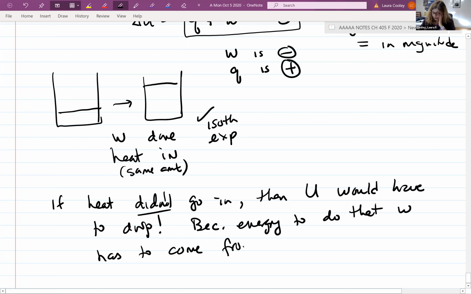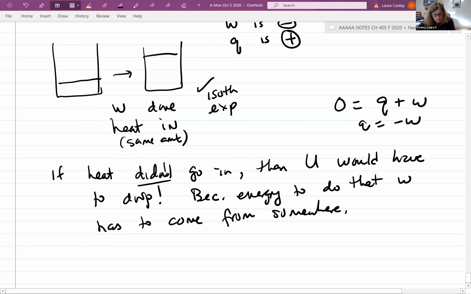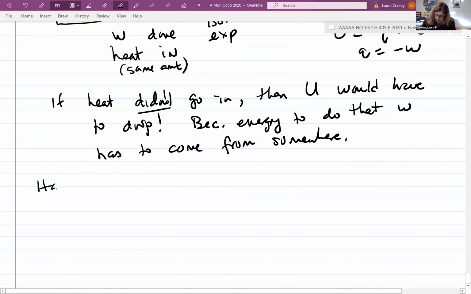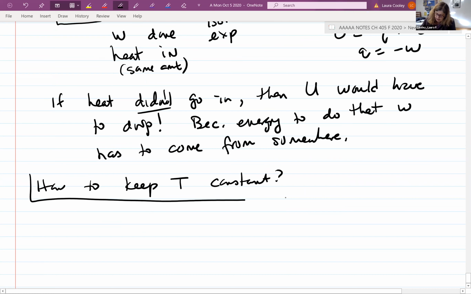That's the first law. And we use the first law to get the fact that Q is minus W. So how can you keep the temperature constant? How could that physically be done?